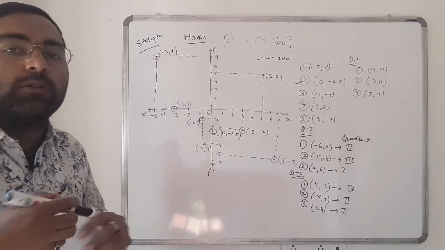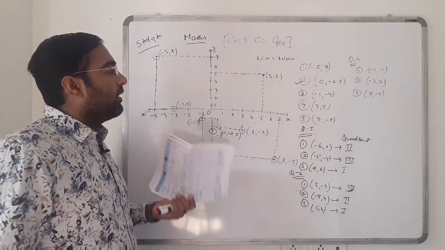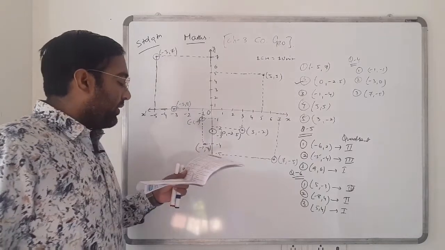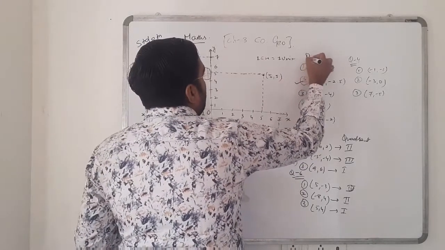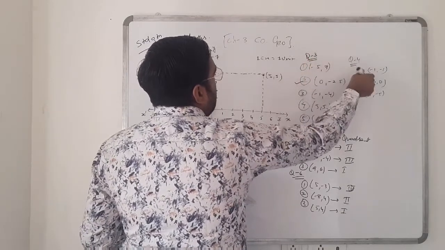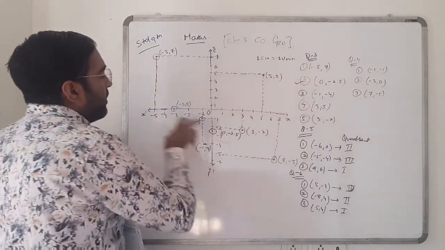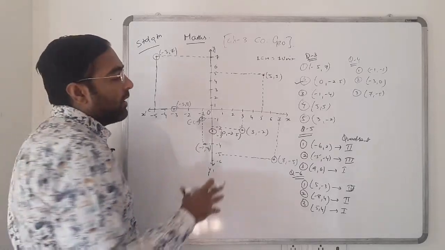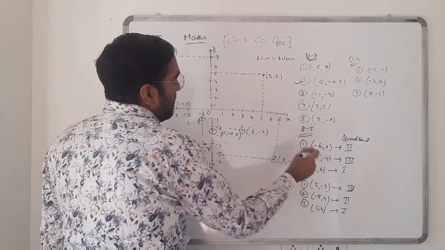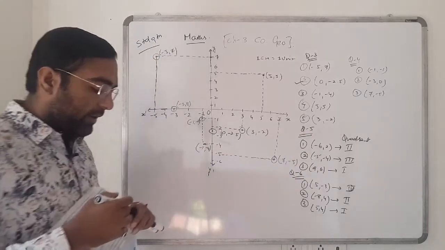So first of all, students, you should note down and verify the questions. Question number 3, this is the graph for question number 3. This is the graph for question number 4, which I marked with a blue marker, and question number 5 and question number 6 are written here.